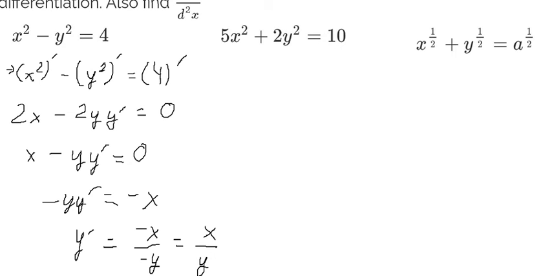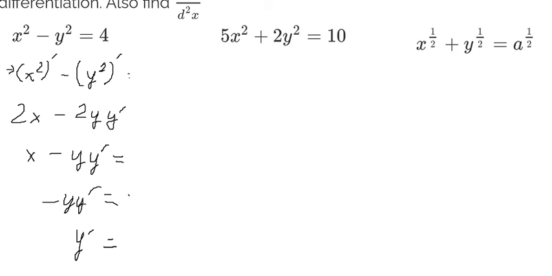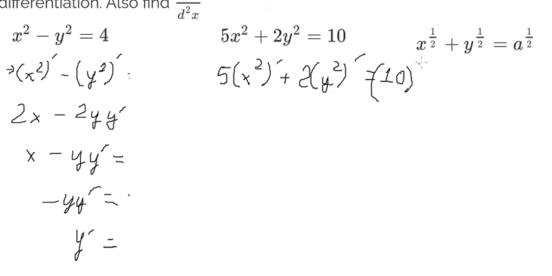Now we do the same. This one you get 2x. This one we get 2 multiplied with 2y, the first derivative of y.